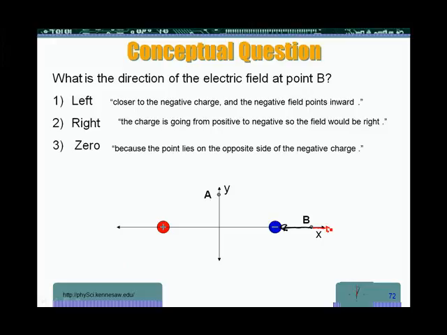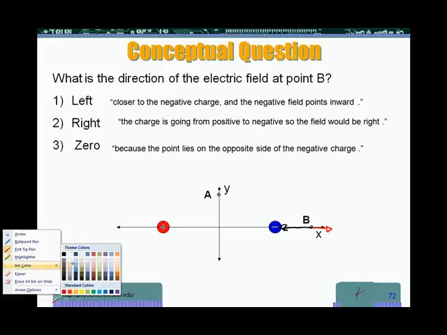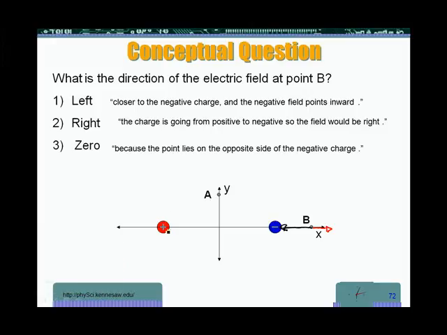However, the electrical field due to the negative charge should be larger than the electrical field due to the positive charge, and that's because the electrical field depends on the position, and the positive charge is much further away than the negative charge from point B. And remember, the expression is kQ over R squared.